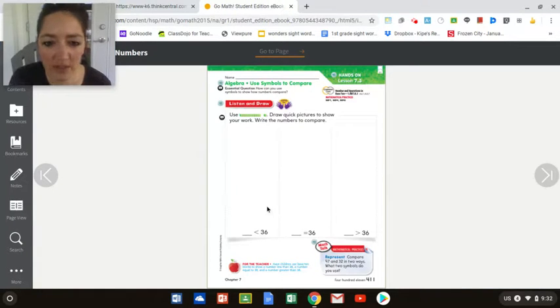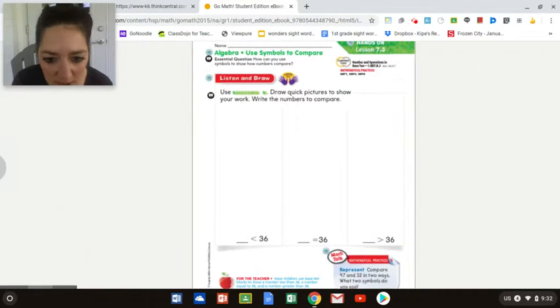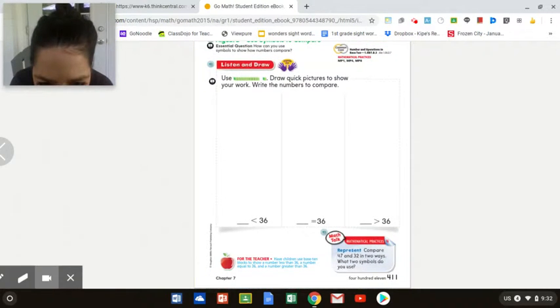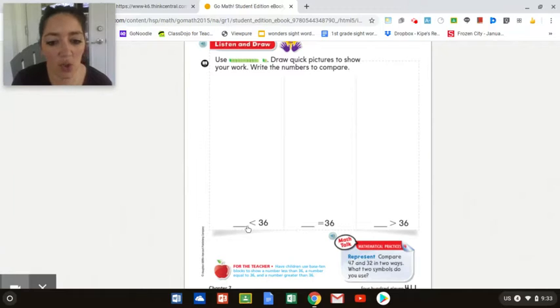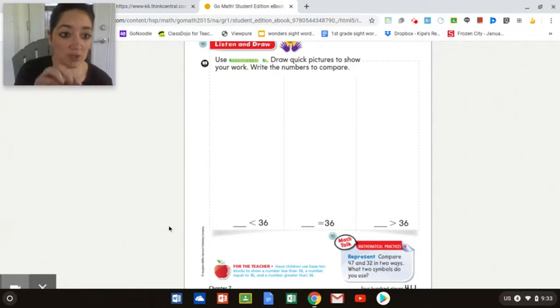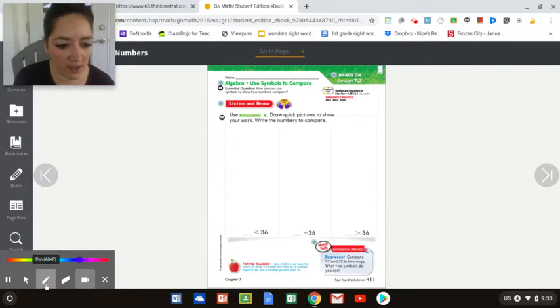Okay, so what you're going to do is use the tens and ones to draw a quick picture to show your work. Write the number to compare. So we need to write a number that is less than 36 using tens and ones. Let's get our handy dandy pen out.